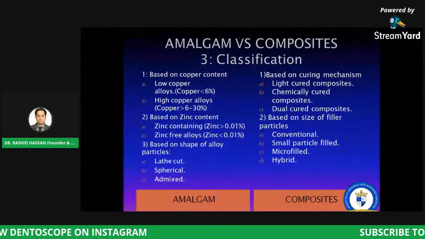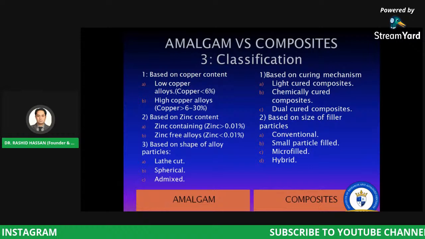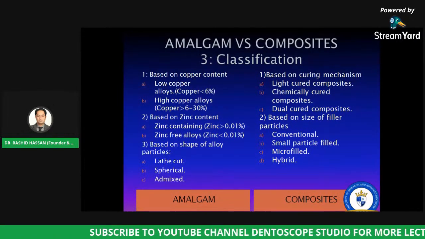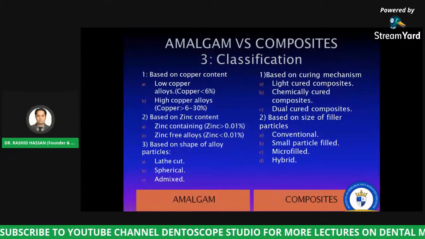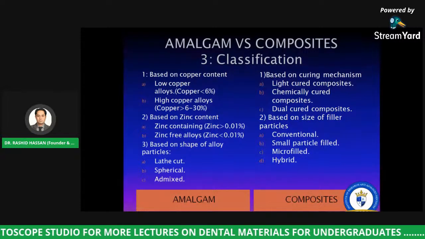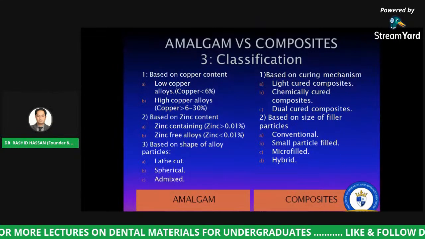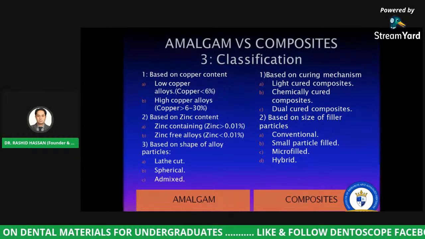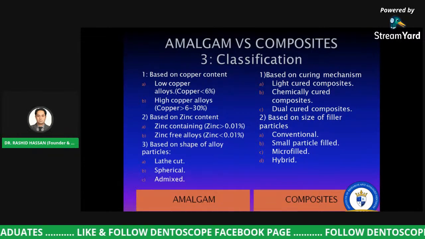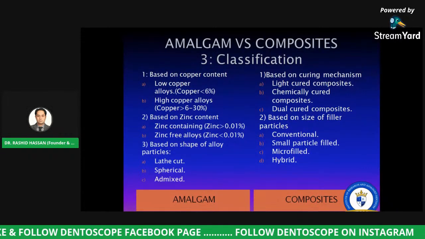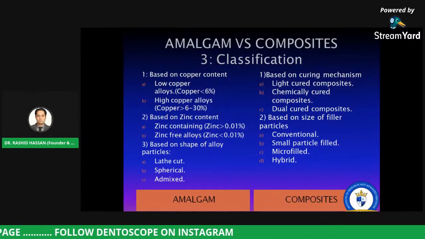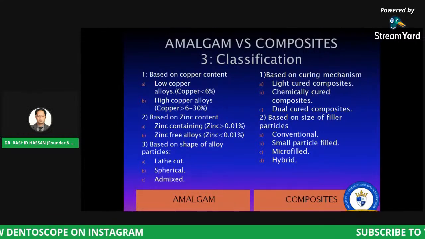These microfill dental composites have a very small particle size, 0.01 micrometer, which is very much less as compared to the conventional one and the small particle one. Then coming to the hybrid one, as the name suggests, we are very much familiar with this word hybrid. We have seen it in automobiles as well. That hybrid automobile functions on both battery as well as gasoline or petrol, right?